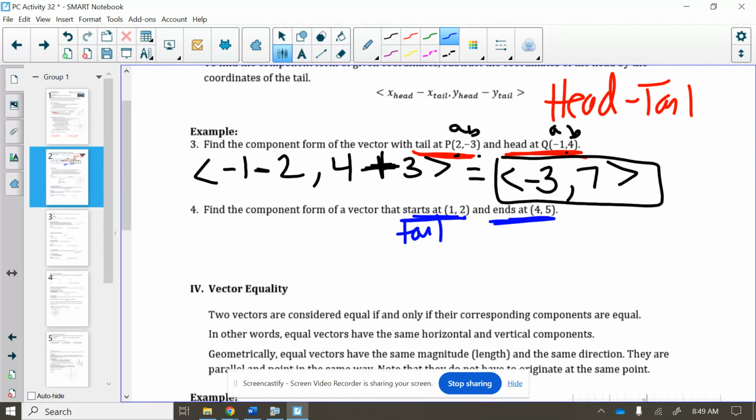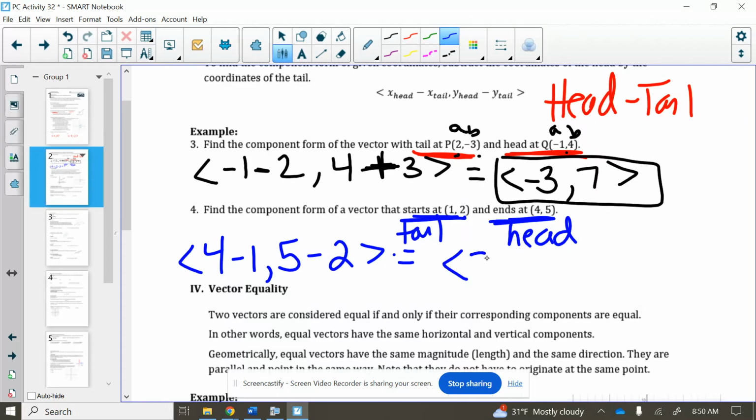Your ending point, again, will be the direction that arrow is pointing in. That would be your head coordinate. And we would, again, take the x value from the head minus the x value from the tail, y value from the head minus y value from the tail, to get our final component form of 3, 3. So right 3 and up 3 on that one.